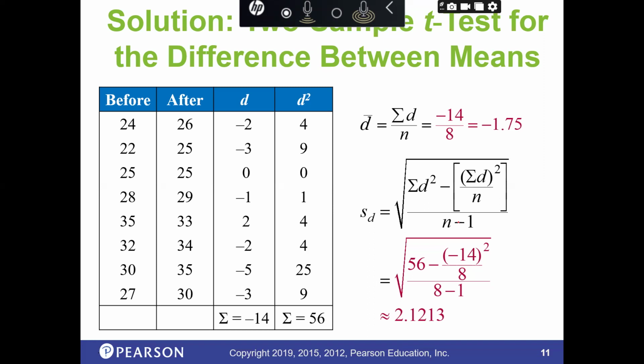All right, we good? Those still copying? Almost done. One more calculation, we're done.